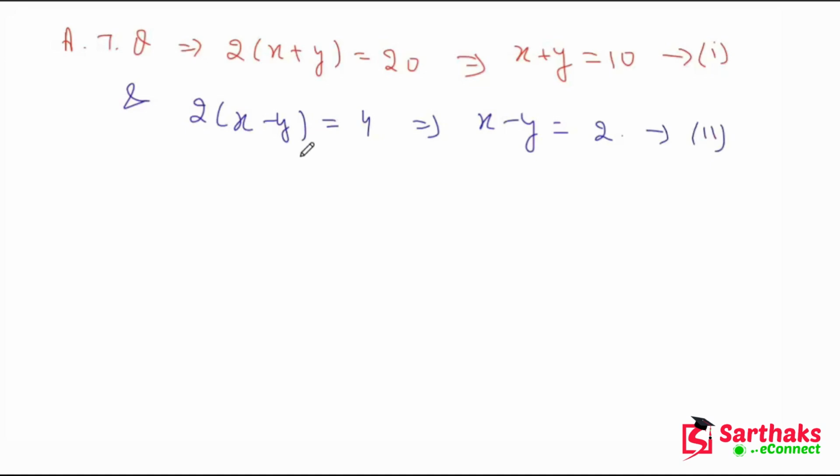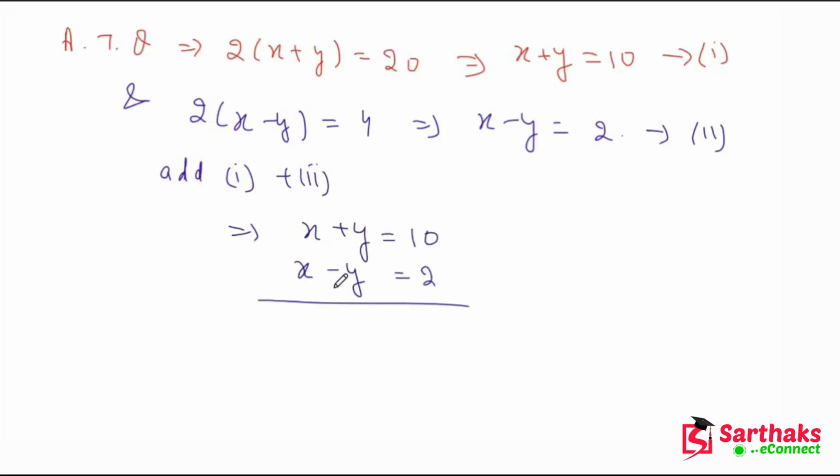So I hope you get this point. Now add the first and second equations. Then we get x plus y is equal to 10, x minus y is equal to 2. Here is the sign of negative and here is the sign of positive, then it will be cancelled. We get twice of x is equal to 12.